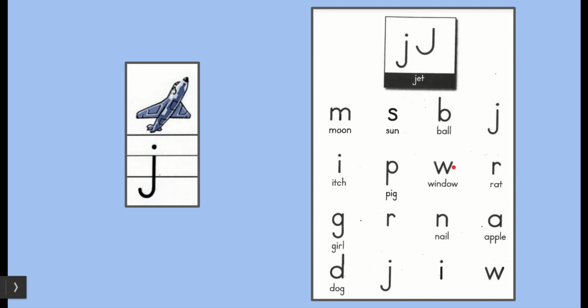W, like window. G, like girl. I, like itch. J, like jet.